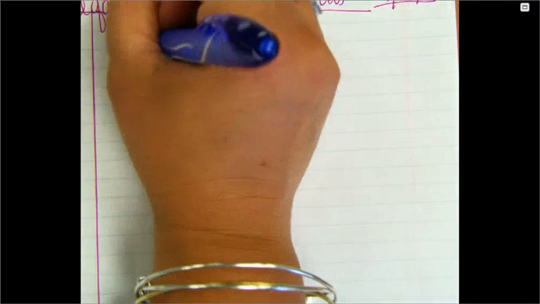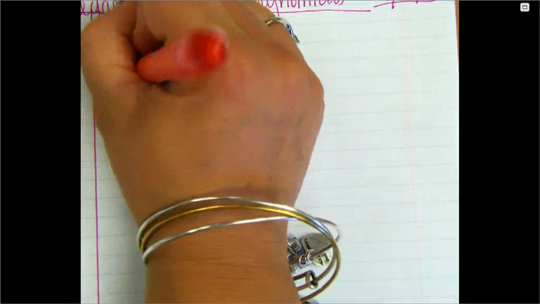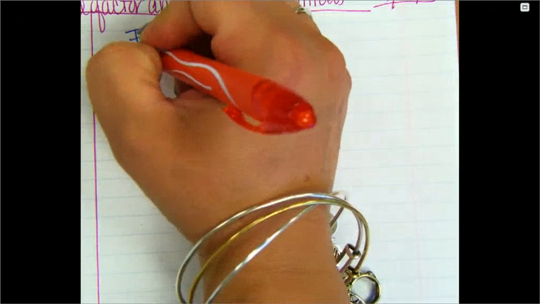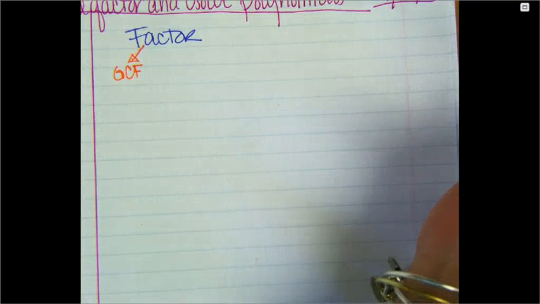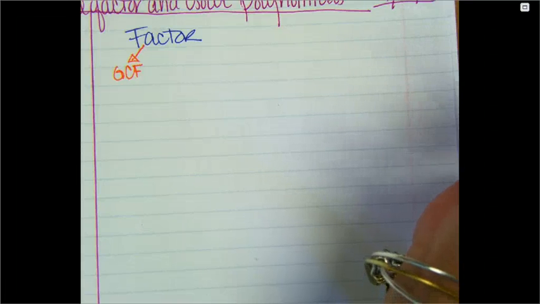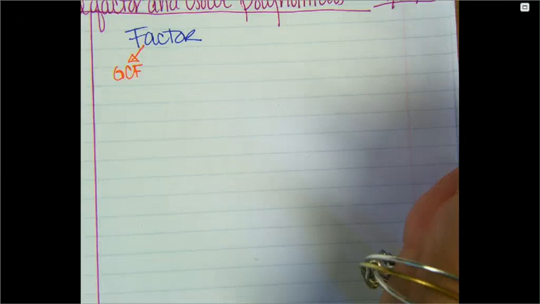First of all, when I say factor, what do you think of? GCF, very good. What else? Not factor trace. That's for radicals, but we don't have radicals. When I say factor, what do you think of? How?